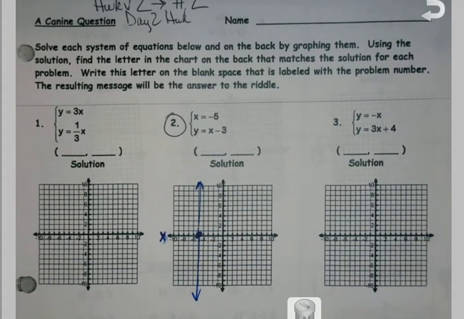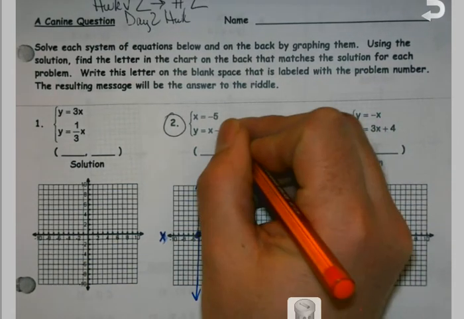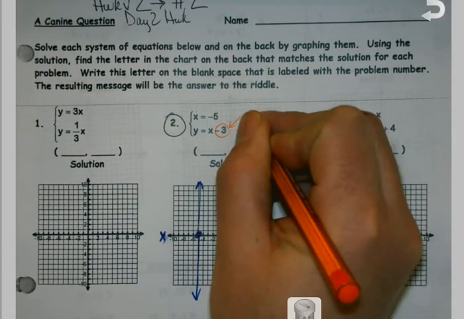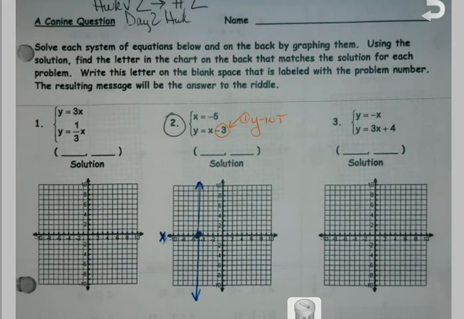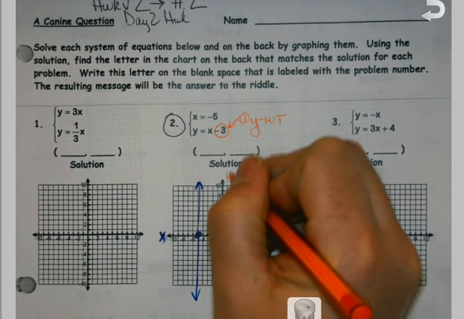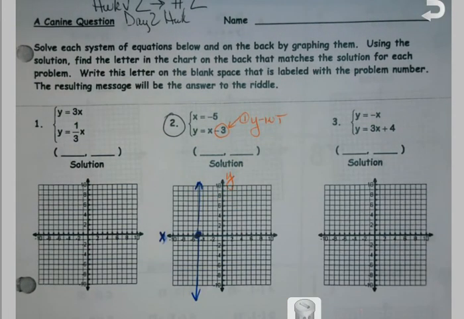My other one, though, is normal. My other one, I do have a y-intercept that I can go ahead and plot on the y-axis. What direction would I go to plot that -3 for my y-intercept?